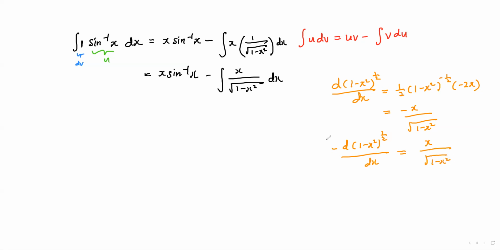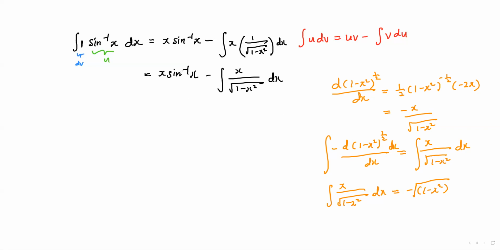So if I were to integrate everything with respect to x, the integral of x over square root 1 minus x squared is equal to the negative of the square root of 1 minus x squared. So the integral and the derivative here will neutralize each other.